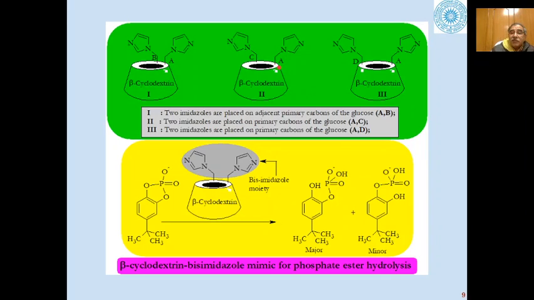Another combination can be when two imidazoles are placed on primary carbons of glucose A and C, so one glucose unit away from this, then another unit away from this, glucose A and D. So different combinations of imidazole moieties are used for different types of mimicking reactions.